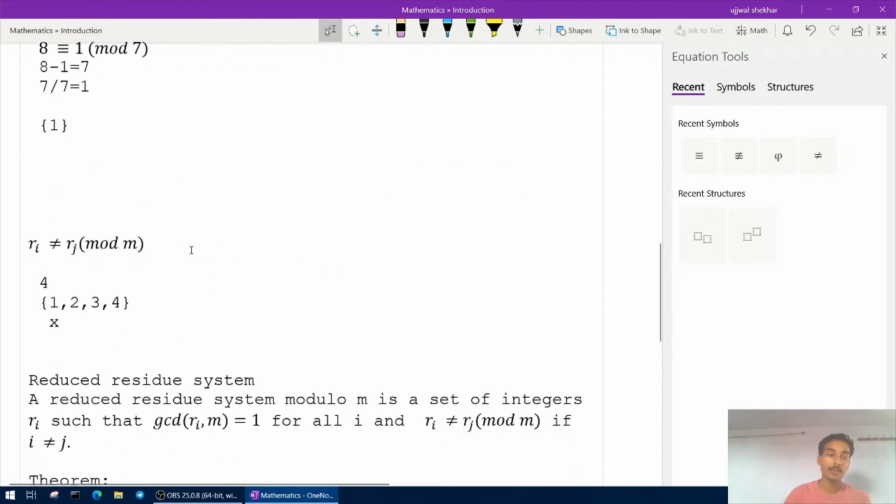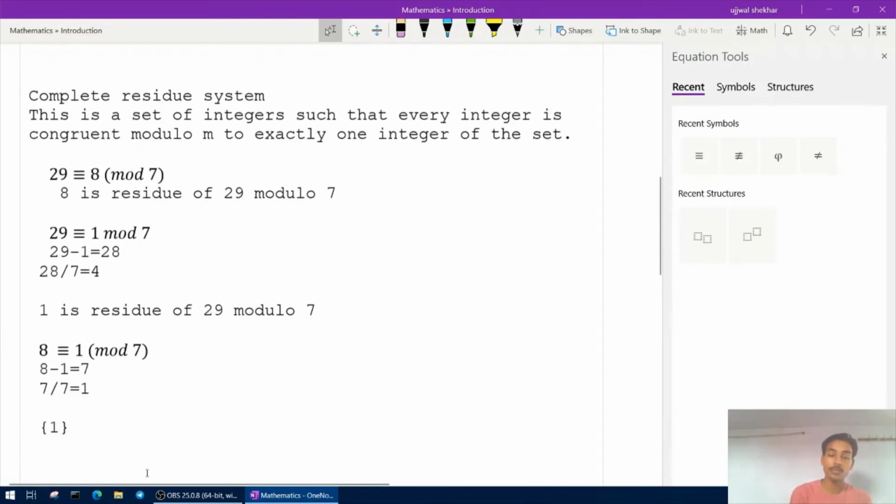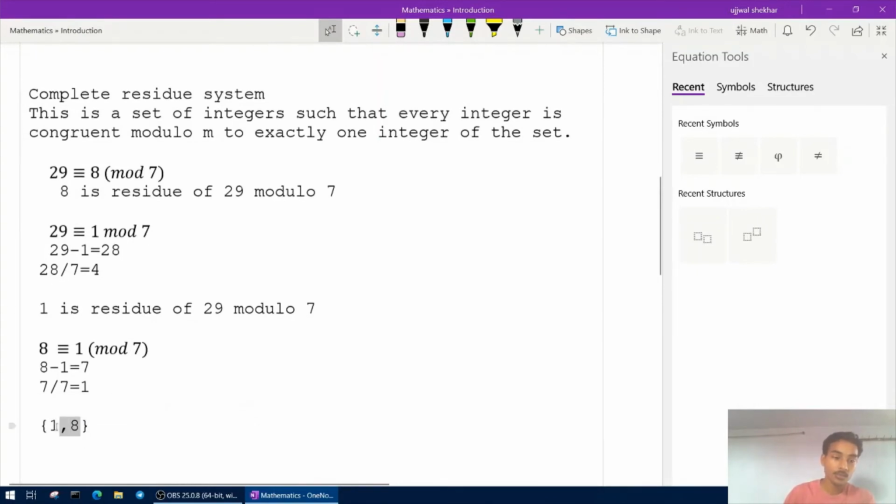Let's say I have a set in which I include both of them. Then we can say that 8 is congruent to 29 modulo 7, and 1 is also congruent to 29 modulo 7. So this is not unique. That's what it is saying.